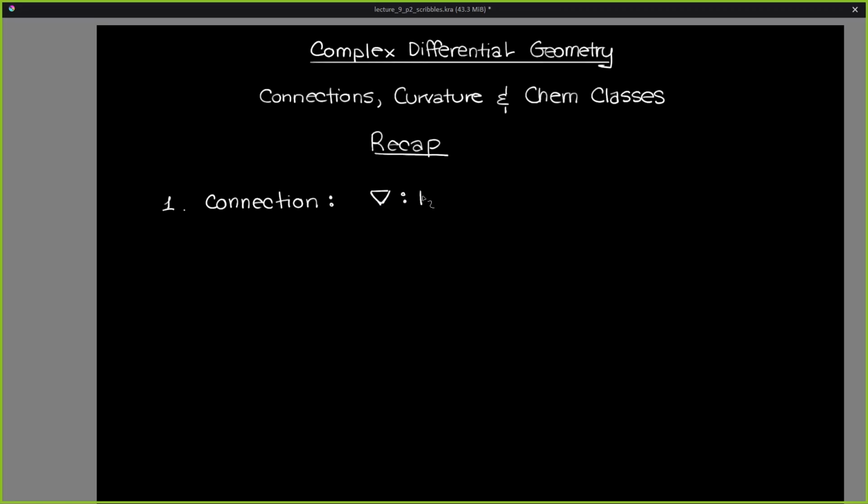that took us from the smooth sections on E, so E is a vector bundle.